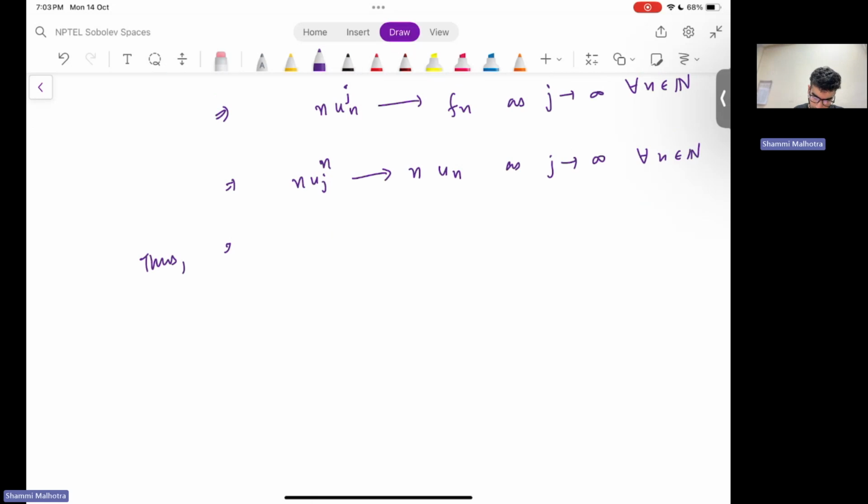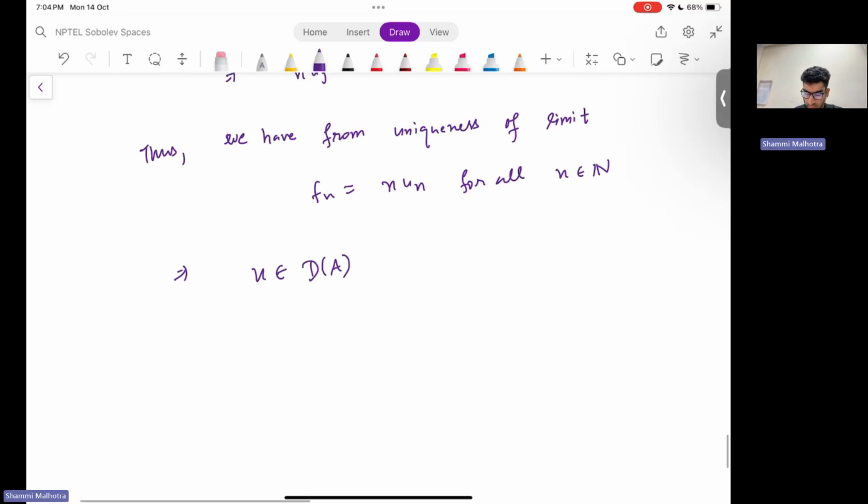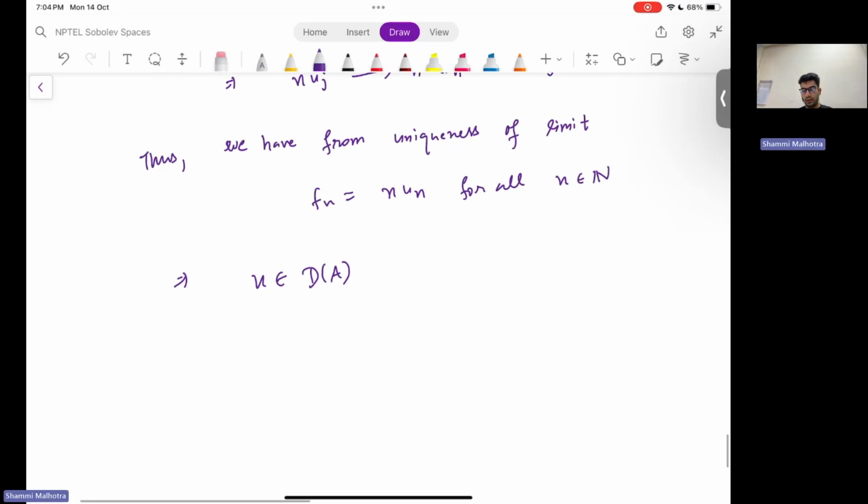Thus, from uniqueness of limit, f_n has to be equal to n u_n for all n in N. And once that is there, this implies that u lies in D only, because this implies that n u_n is in L1.